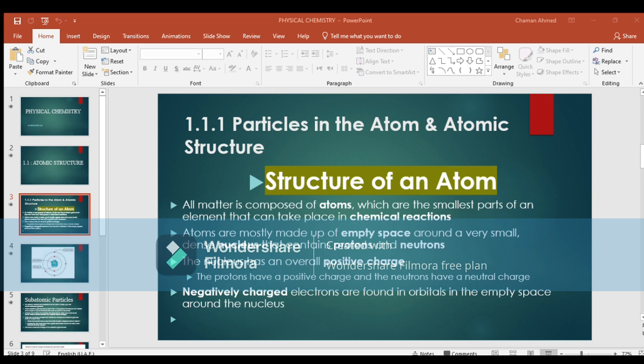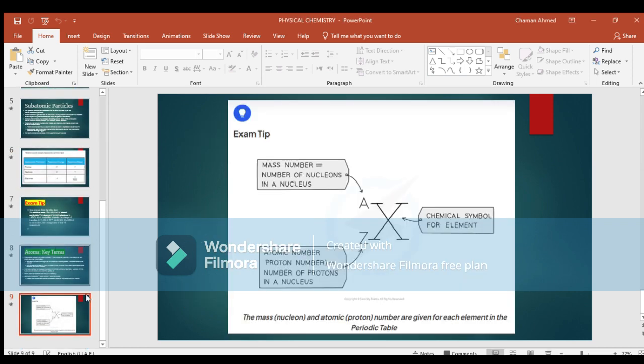The mass number, nucleon number, and atomic proton number are given for each element in the periodic table. If you open the periodic table, you will see that. Let me just show you guys. One second. Yeah, this is the periodic table.